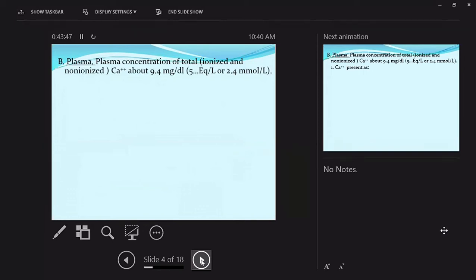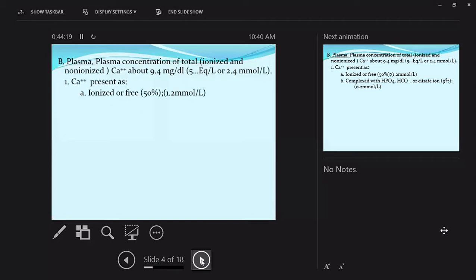In the plasma, the concentration of total ionized and non-ionized calcium is about 9.4 milligrams per deciliter, or 5 milliequivalents per liter, or 2.4 millimoles per liter. The calcium is present as ionized or free, 50% of it, so 1.2 millimoles per liter.